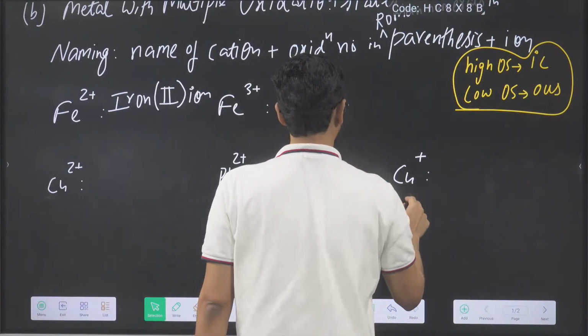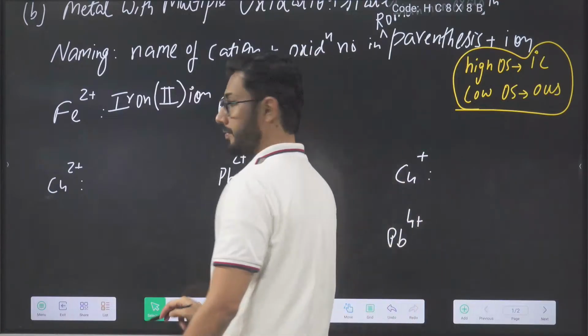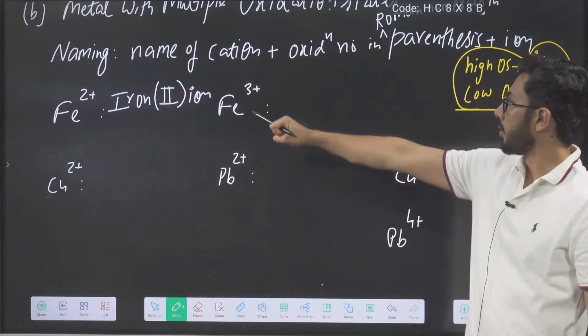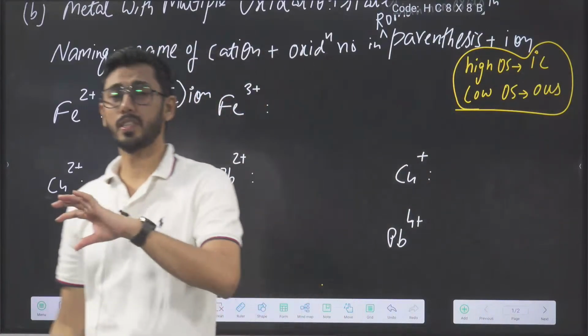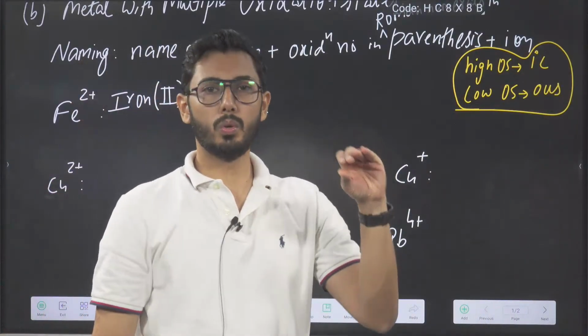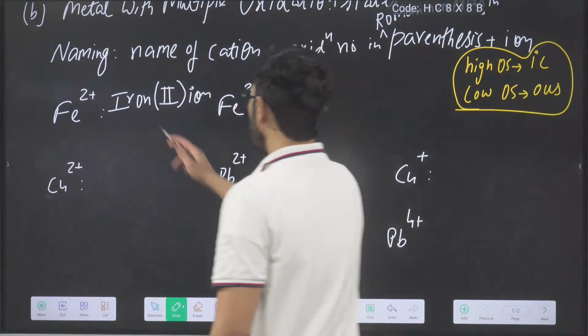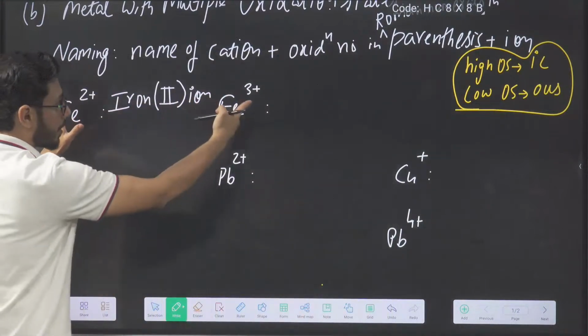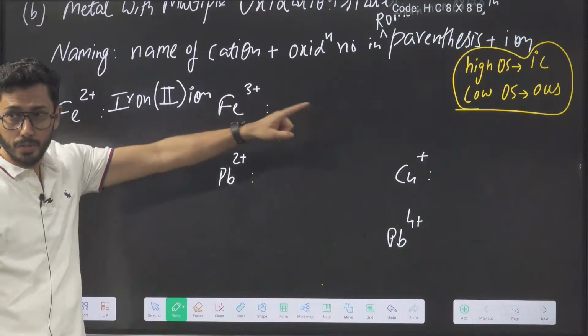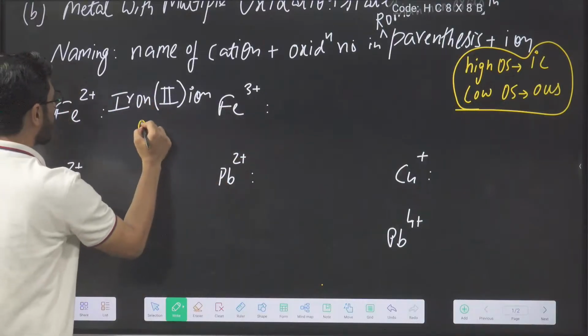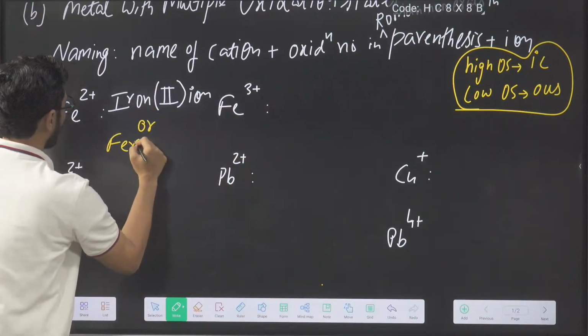Okay? Clear? So here iron(II) ion is the new naming we use, but frequently the old naming is also used, for Fe2+ and Fe3+. 2+ is the low oxidation state, 3+ is the high oxidation state. So here we can also use which term? Ferrous ion.